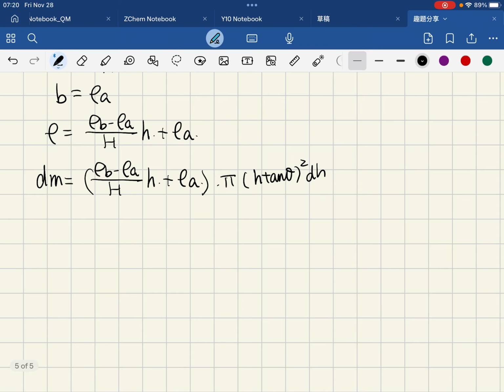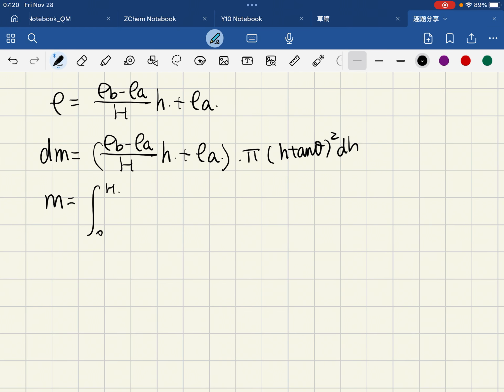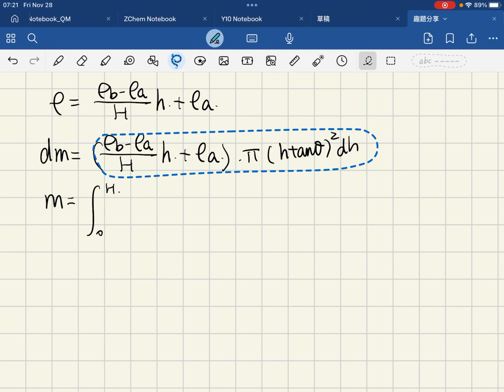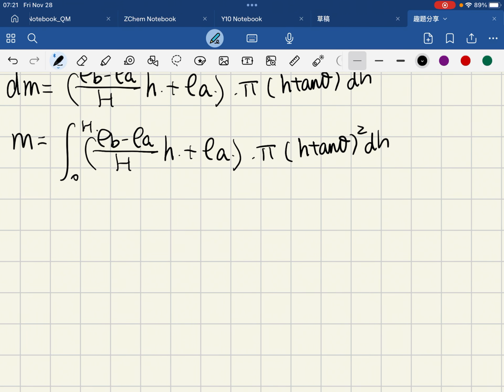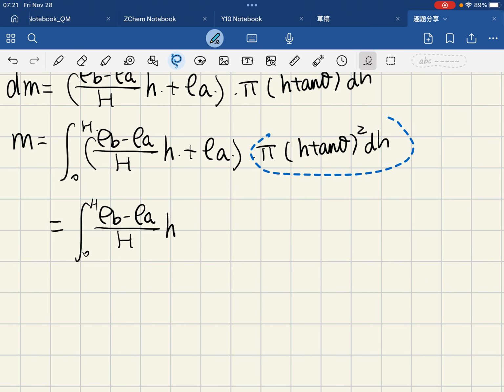Now let's do the integration. m equals the integral from 0 to H. We can separate it into two terms, which is easier for integration.